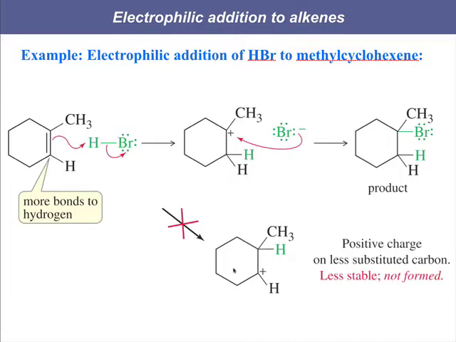Our other option, if we were to violate Markovnikov's rule, would give us a secondary carbocation. That is less favorable. That's why the reaction does not proceed in that direction. So we'll add the H to the carbon bearing the most H's, giving us the most substituted cation. Then the bromide will attack that carbocation in an SN1 fashion, and we get our product. This would be 1-bromo-1-methylcyclohexane.